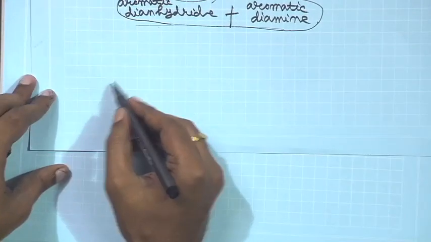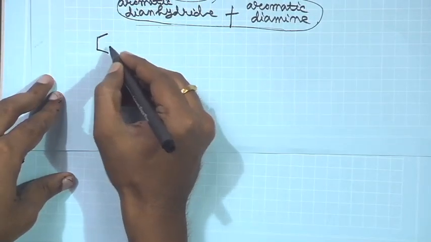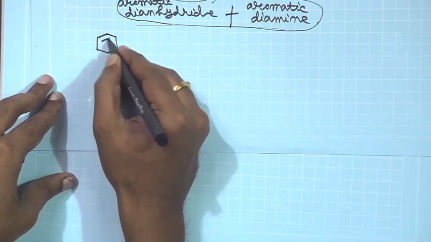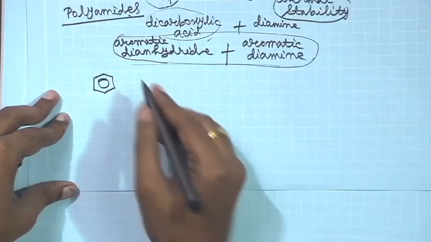So, let us take an example here. Let us take an aromatic dianhydride, which is something like this.